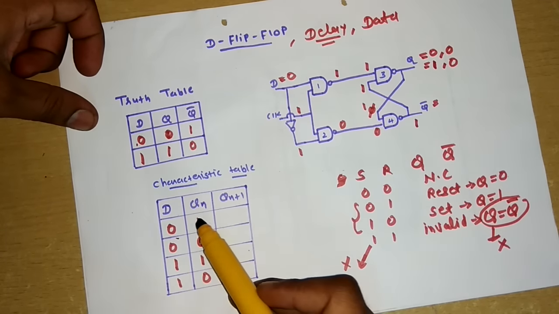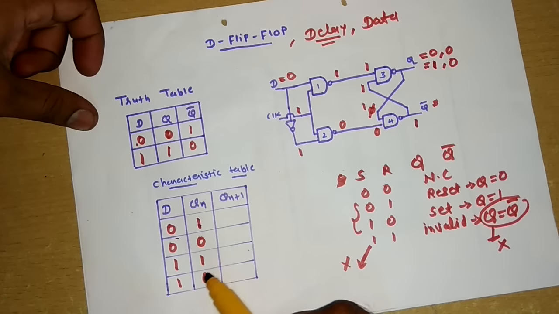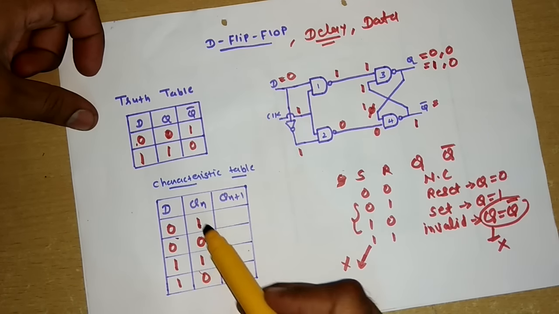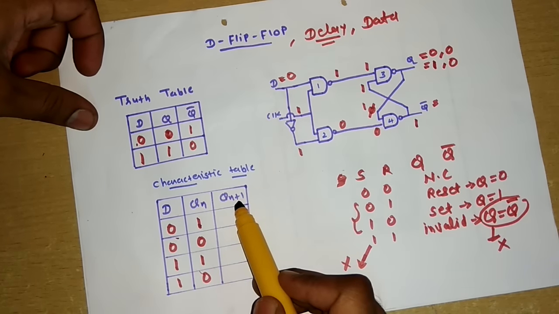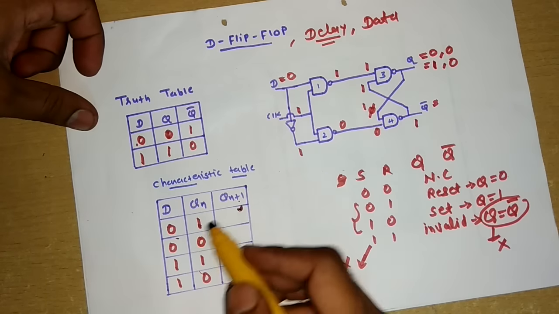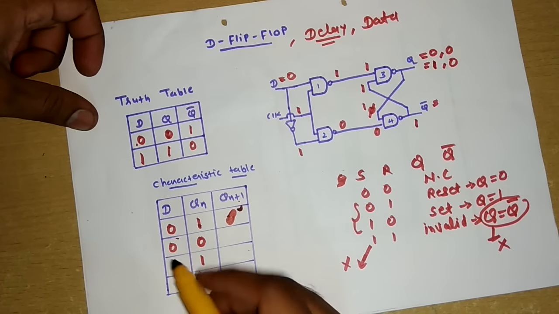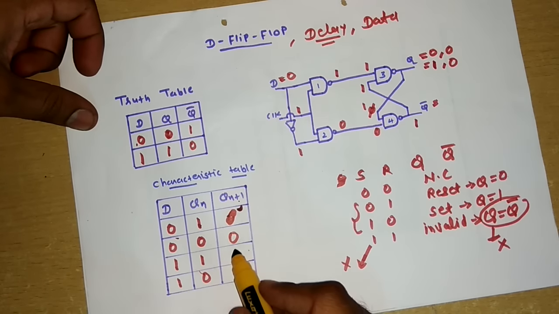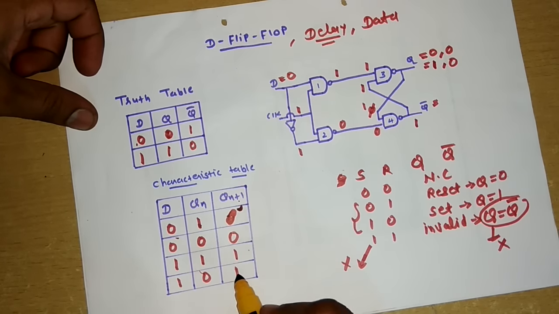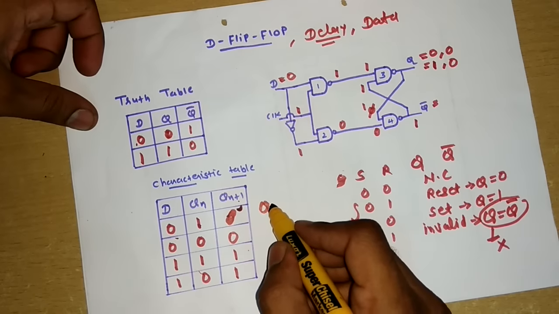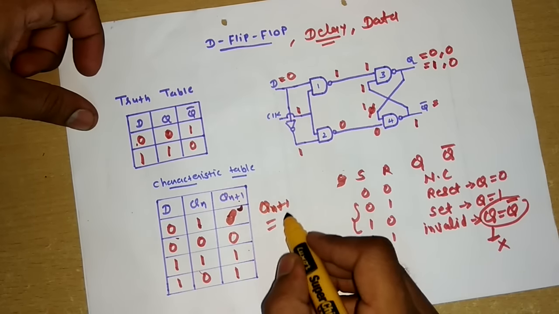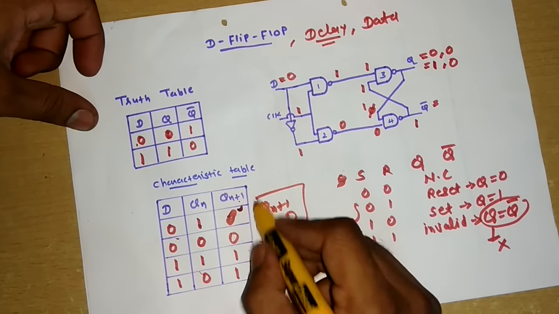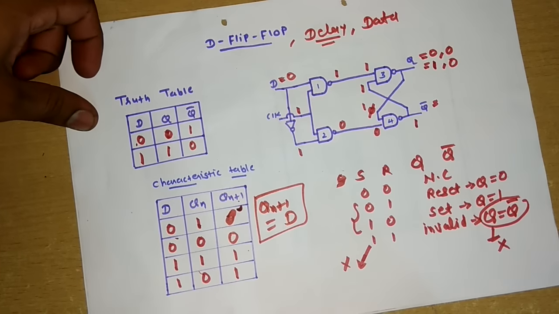So if you apply 0 here, you do not need to bother about what your present state is. Similarly, Qn plus 1 must be equal to your input. So here it will be 0, because 0 input you are applying, and here it will be 1, because 1 input you are applying. So from this we can say that Qn plus 1 is equal to D. This is your characteristic equation.